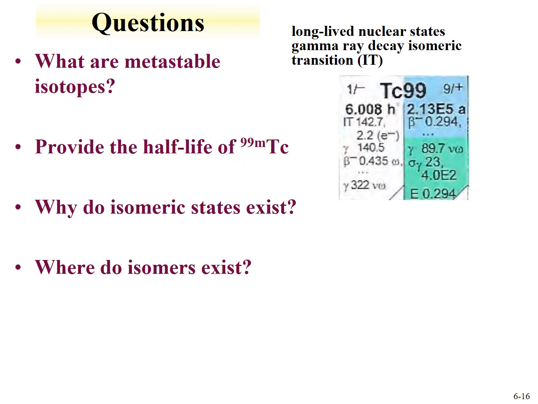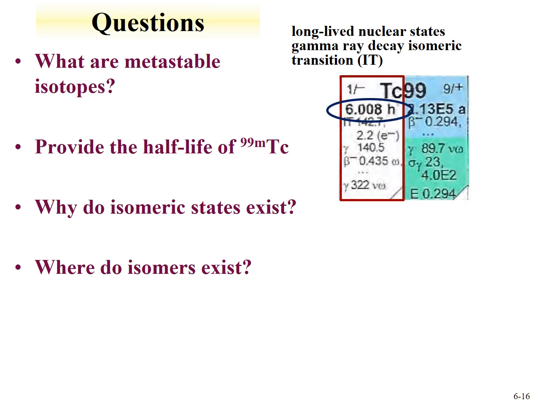So provide the half-life of technetium-99m. This is something that you should be able to do. If we look at the chart of the nuclides, this is technetium-99. The technetium-99m, the metastable state, is to the left, and the ground state is to the right.